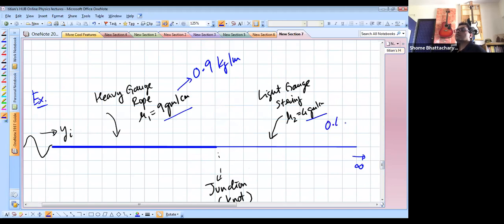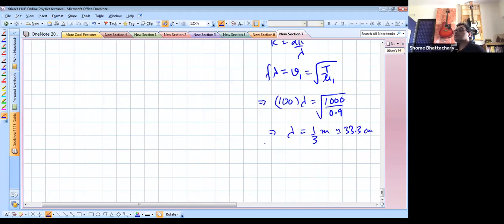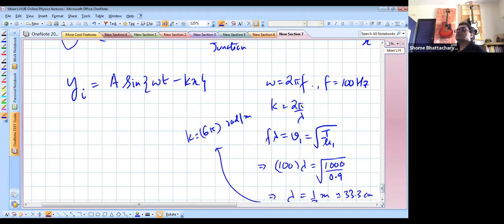This is 0.4 kg per meter. From this we have k is 6 pi radians per meter for this equation. These are my omega and k terms for the incident wave, and deliberately I'm just taking the phase constant to be 0.